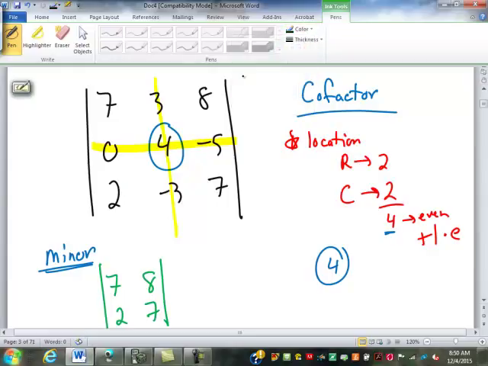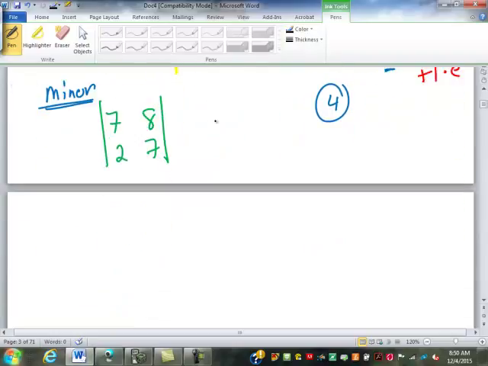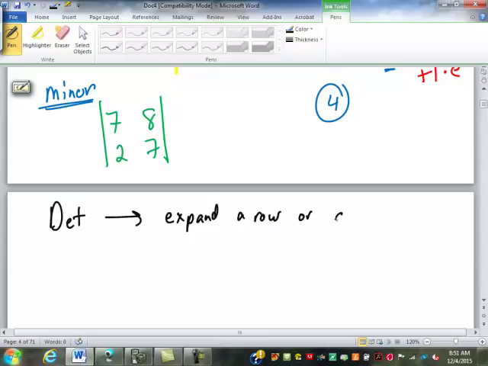The determinant of a matrix can be found by expanding any single row or any single column.